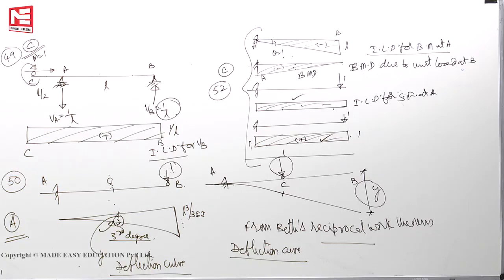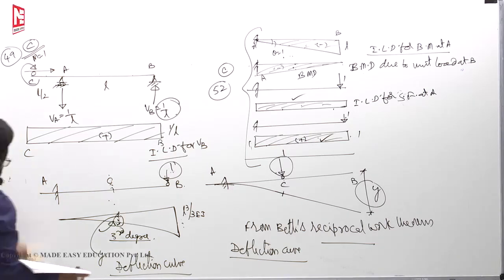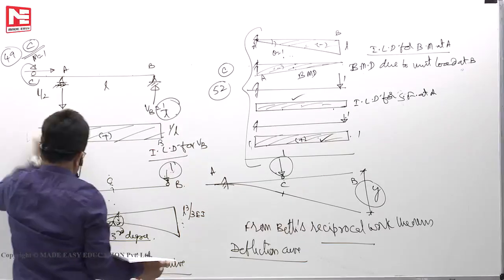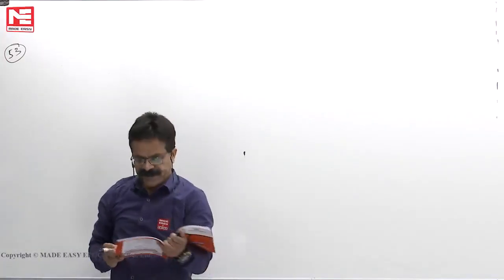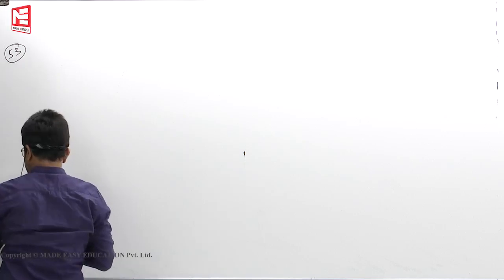This 50th question, 52 question same. Apply unit load, find the deflection. Then what you get is the deflection curve itself is ILD because of Muller's principle, because of the reciprocal displacement. Okay. Now let us see the 53rd question.